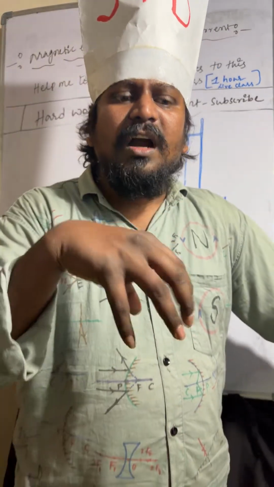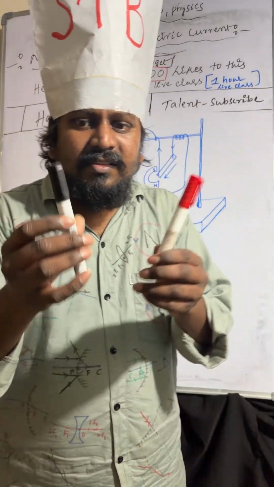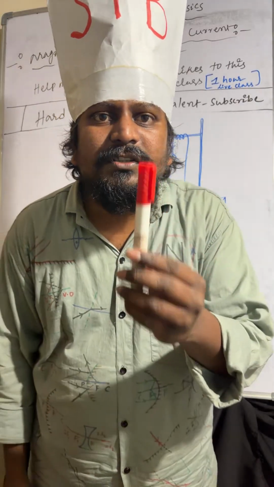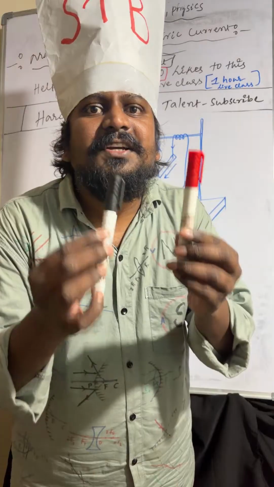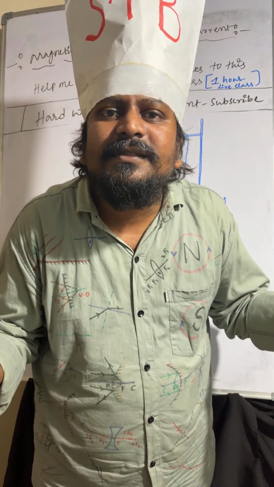So coming to short circuit, if you take this as the negative terminal and this as the positive terminal, the direct contact of live and neutral takes place.